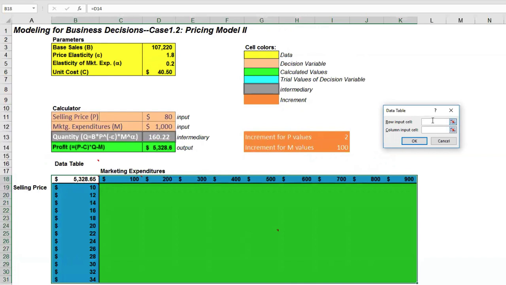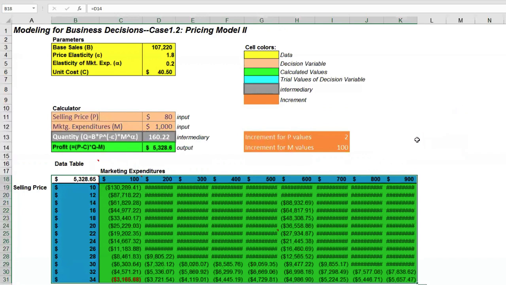Instead, we are going to call these cells from the calculate section. For the second cell, the column input, we have the selling price. So we call it from the calculate section again. We have D11 for the P and D12 for the M. Right now, we have prepared the data table well. So we just say OK, and we have those values.